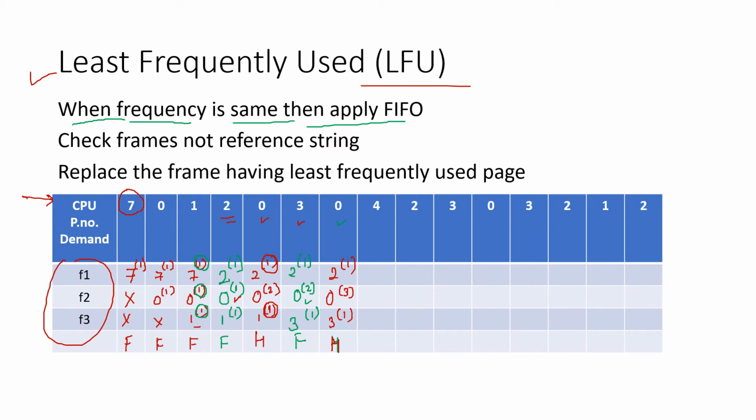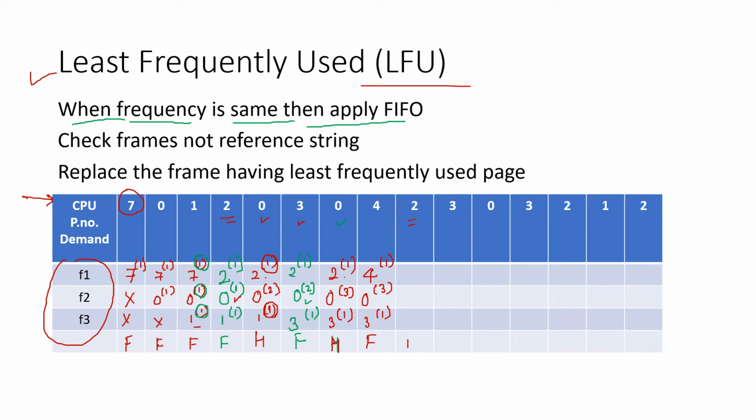Now next is 4. Which one will you replace? Least frequently used means either you replace 2 or 3, but who has entered first? 2 has entered first, so you will write here 4. So this will be 0, 3, 3, 1. This is a page fault.